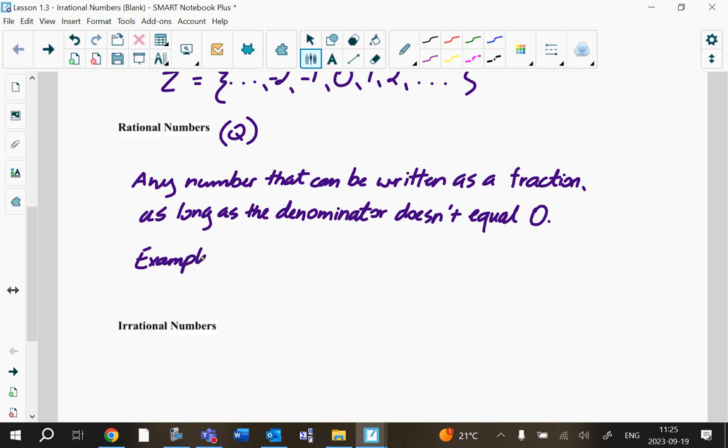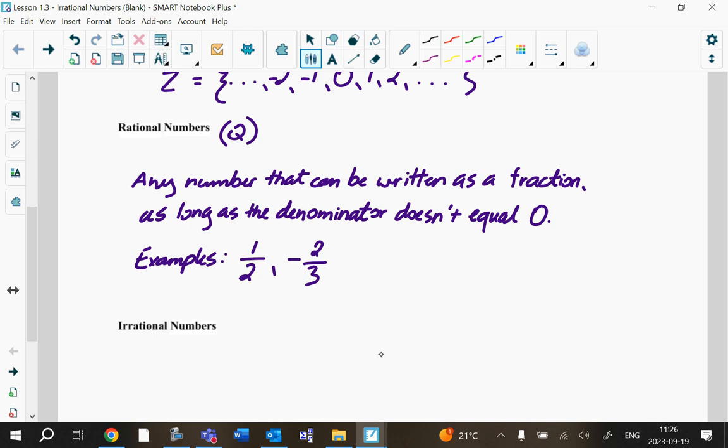Well, if it can be written as a fraction, then I guess any fraction you give me is going to be a rational number. So give me a fraction. 1/2. Could be negative, negative 2/3. Okay. What other form can we write fractions as?